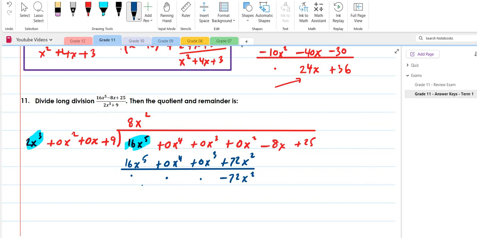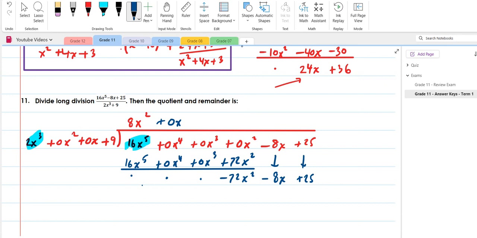Then that's it. Now it's time to bring down. So we have minus 8x. Now remember, a cubic term, 4 terms cannot go into 2 terms, so we put plus 0x, and now we do another bring down, plus 25.